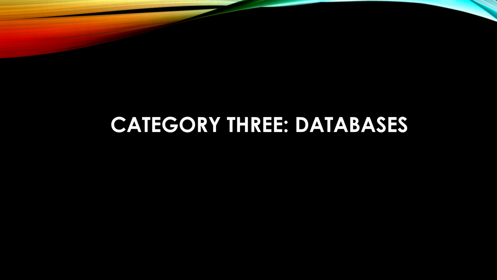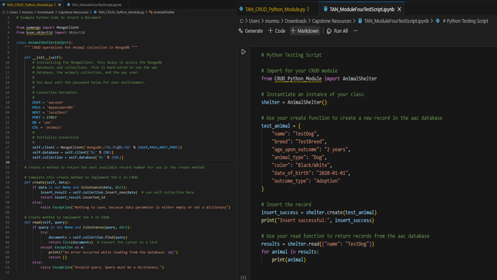So category 3, databases. For databases, we have basic MongoDB connectivity, but it lacks advanced features. As you can see here, lines 18 to 29 establish a simple connection.